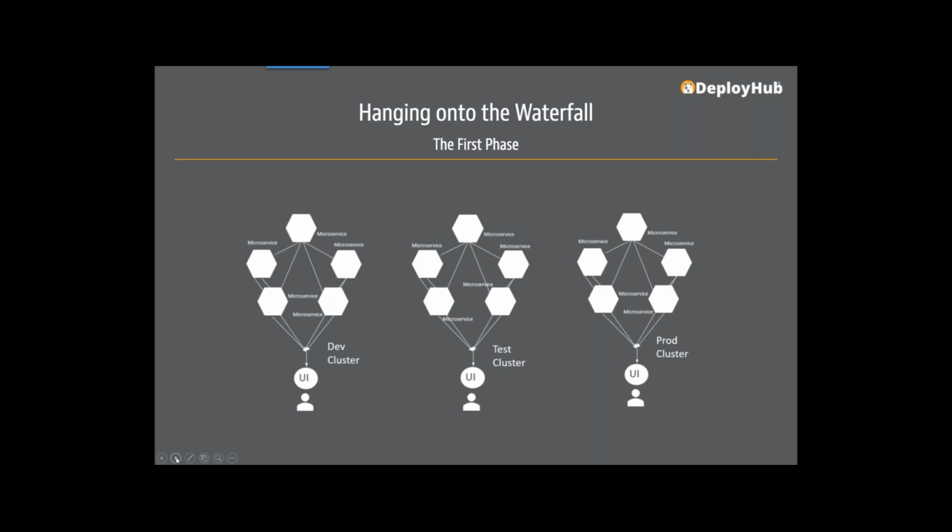Now, in what I call the first phase, which is where we see many companies who are really embracing a microservices architecture, they start here, where they have a different cluster where one represents dev, one represents test, and one represents prod.